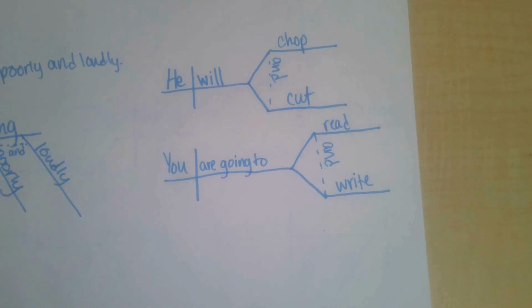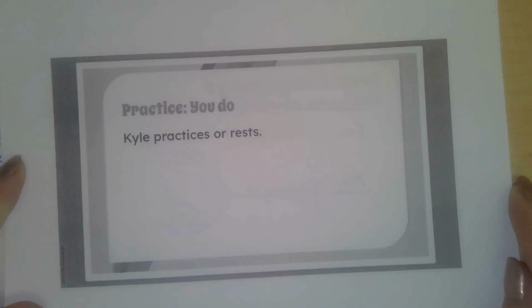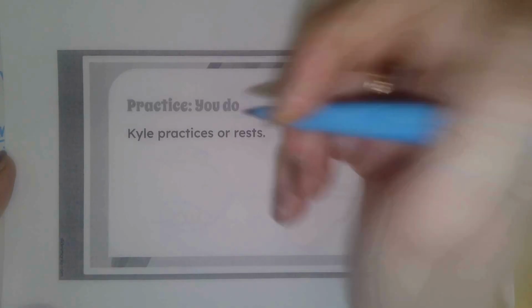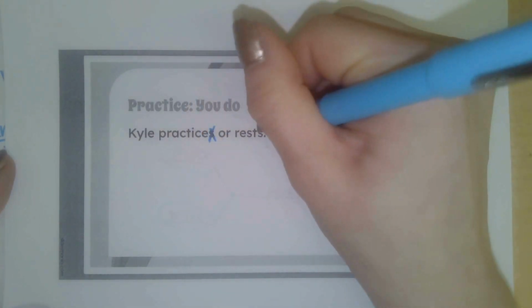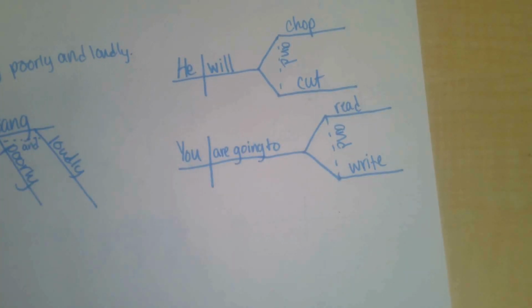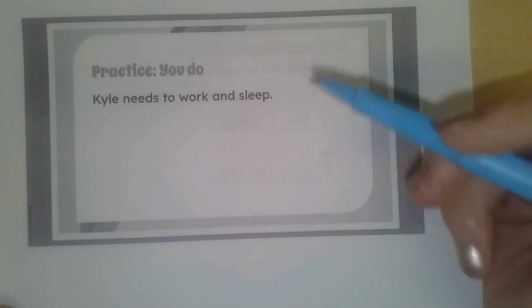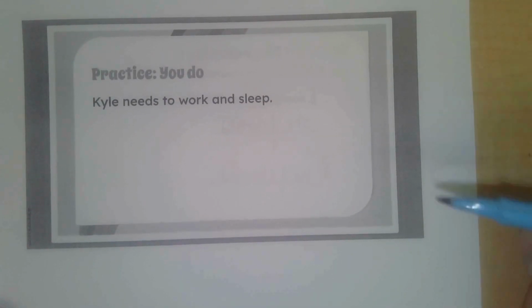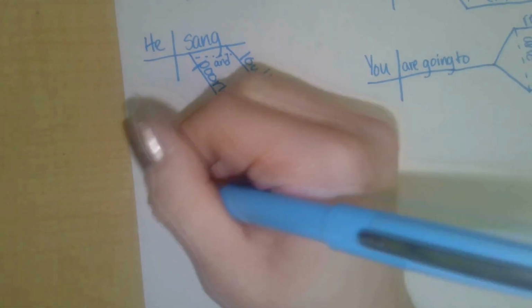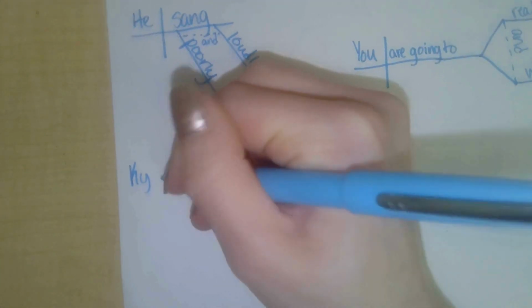Now, I want you to do this one on your own. Kyle practices or rests. I'm sorry, that's not a good example. That's actually not the correct example. Here we go. Okay. Forget that part. Here is your practice. Kyle needs to work and sleep. Go ahead and pause. And here is your answer. Kyle is our subject.